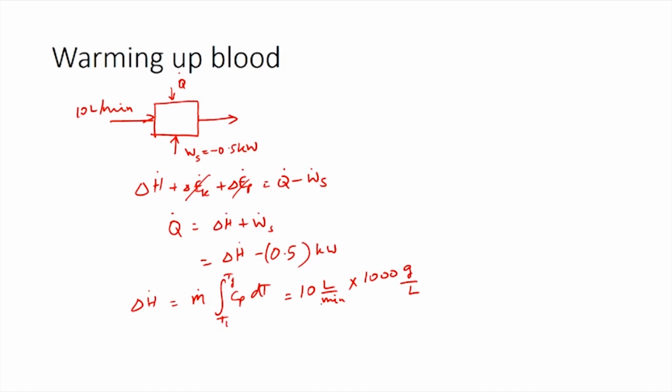This would give us grams per minute, and if we need to convert this to grams per second, we would multiply this by 1 minute contains 60 seconds, and then this is the m dot value, plus integral of Cp, which has been given as 4.185 dT, with temperature going from 30 degrees Celsius to 37 degrees Celsius. This value can be calculated as 4.882 kilowatts. So, delta H dot is equal to 4.882 kilowatts.